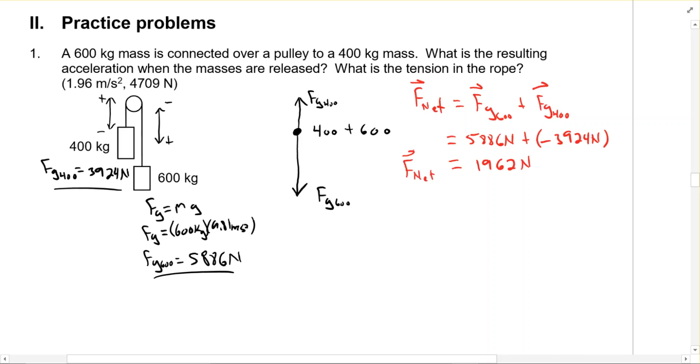Okay, so if I want to figure out what the acceleration of these is, acceleration is going to be equal to F net over mass, and knowing that mass is the mass of both. So acceleration is going to be 1,962 newtons divided by 400 plus 600 kilograms.